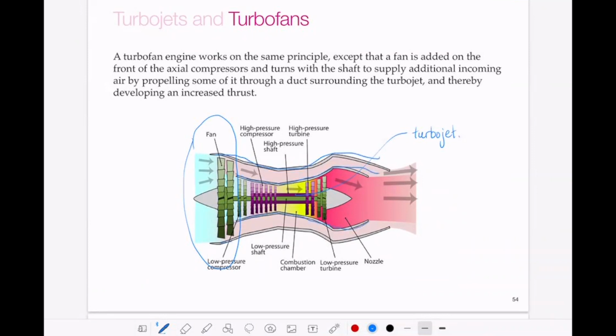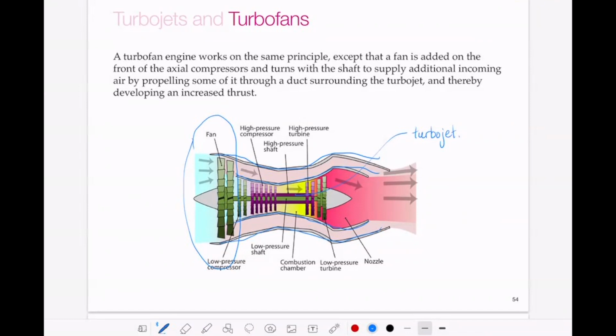This is just a two-dimensional cross section, but imagine this is a cylindrical cavity that's wrapped around our turbojet, and we connect this fan rigidly or through a gear system to control the speed of the fan, but the turbojet now is going to be driving this large fan, which is going to be blowing air through this secondary cavity, and that's going to generate more thrust.